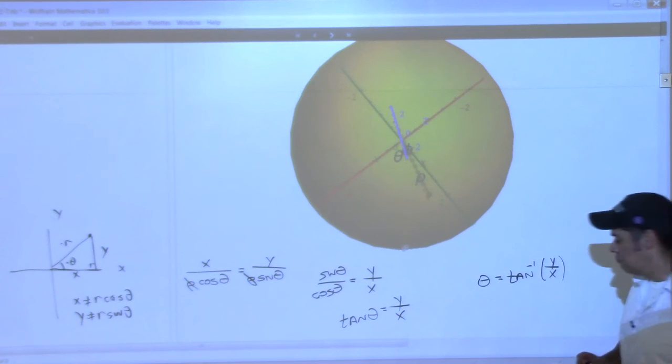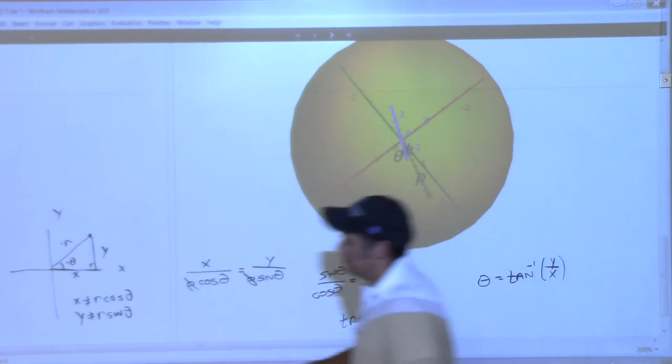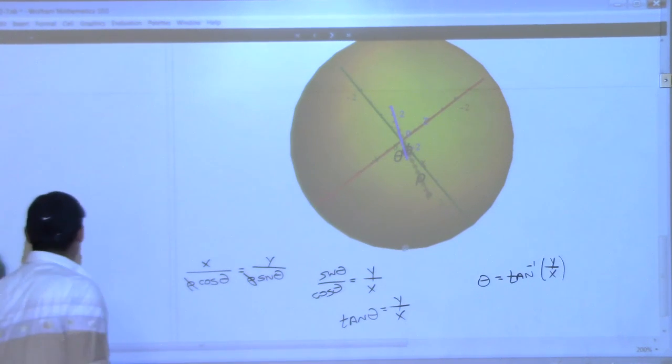I guess it's because rho doesn't change the ratio of x and y. It's the fact that those are both the same scalar. So this is basically polar, but scaled by a factor of sine phi. That's a really good observation.